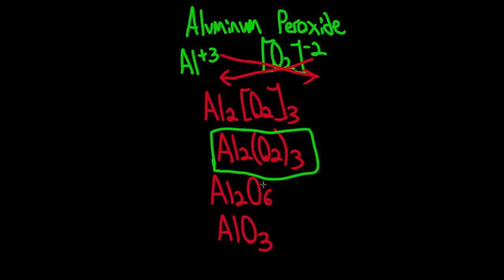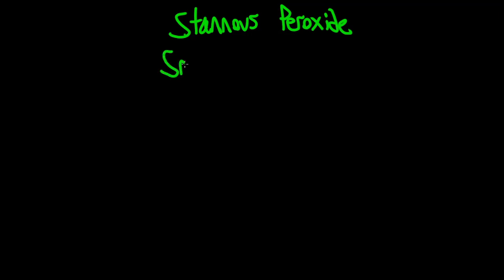Okay, so our next example is going to be stannous peroxide. So remember from our transition metal chart that stannous is going to be Sn +2.